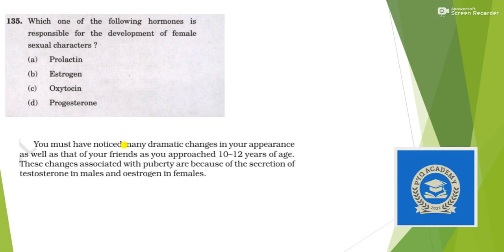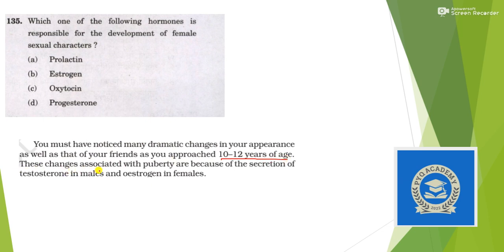Next question is, which of the following hormones is responsible for the development of female sexual characters? This is a question asked directly from NCERT. You must have noticed many dramatic changes in your appearance as well as that of your friends as you approached 10 to 12 years of age.